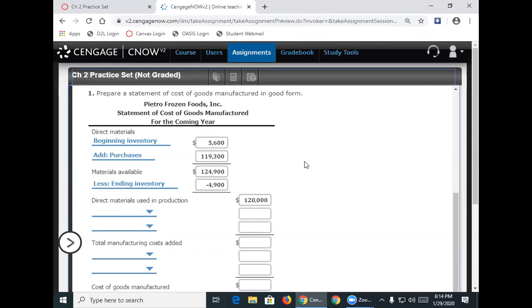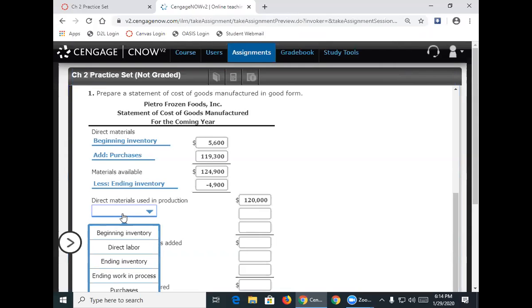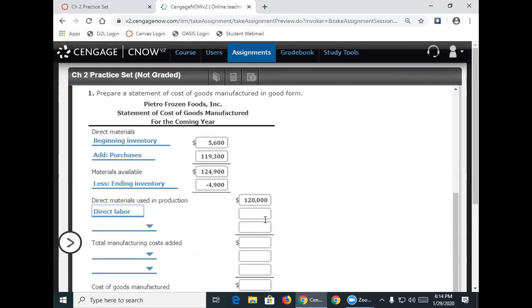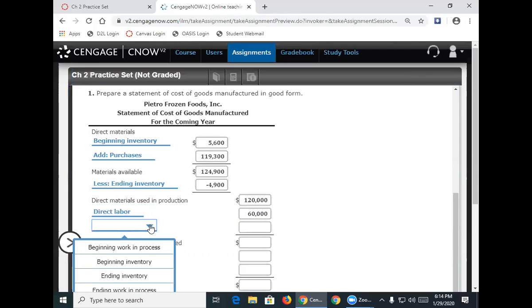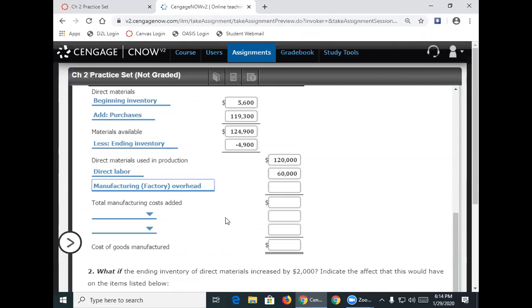So then we can see in our statement, the next thing we want to calculate is total manufacturing costs added. Well, now we can do that. What we would add up for manufacturing costs added are materials, labor, and overhead. So I'm going to add in direct labor of 60,000 and manufacturing or factory overhead of 245,000.